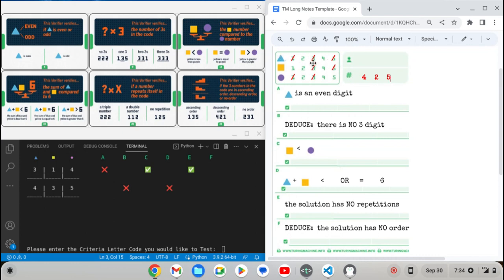That led me to deduce that the sum of the first 2 digits had to be 6. And then because of no repetitions, that led us to circle being 5. So some good deductions and some luck, obviously.